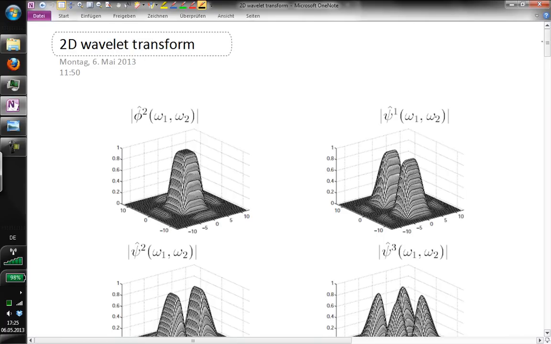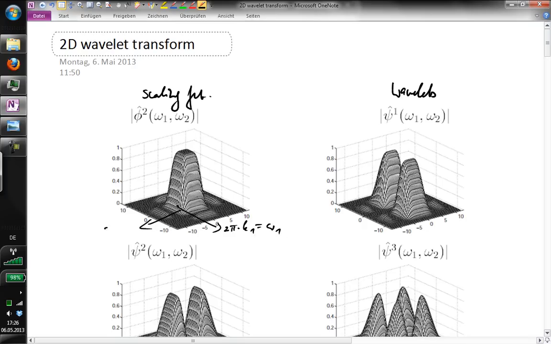You remember the scaling function and the wavelets, and this is now reciprocal space. This would be 2 pi times k1, which is here called omega 1.